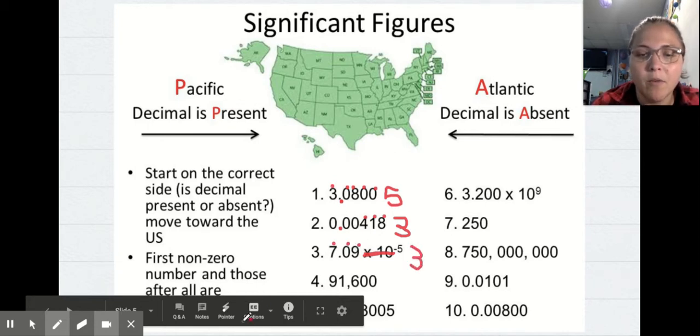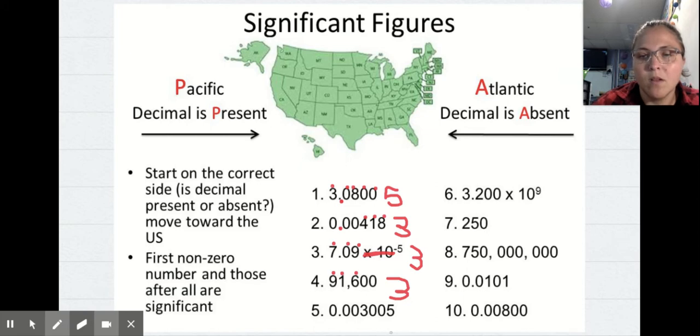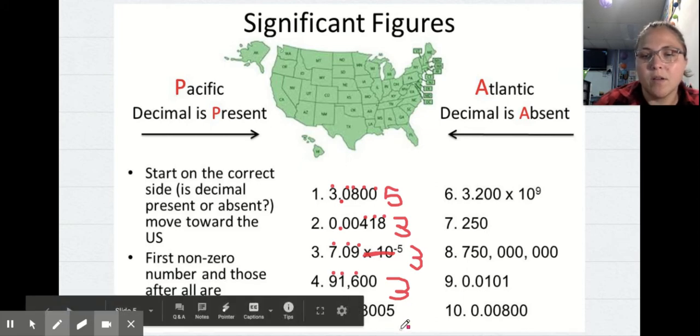Okay, down here, number 4, the decimal is absent. So this is where it kind of gets tricky because you kind of have to look at the number backwards. So I'm going to start on the right side and go over. I've got 0, don't count that, 0, don't count that. I'm going to count here, 1, 2, 3 significant figures. Number 5 is covered up by my toolbar.